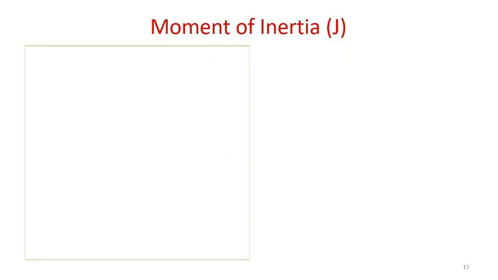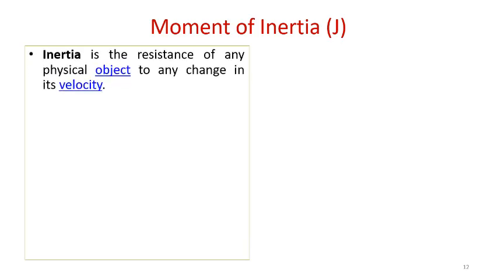Let's begin with the rotational elements. In that, first one, moment of inertia. Moment of inertia is represented by the letter J. What is inertia? Inertia is the resistance of any physical object to any change in its velocity.